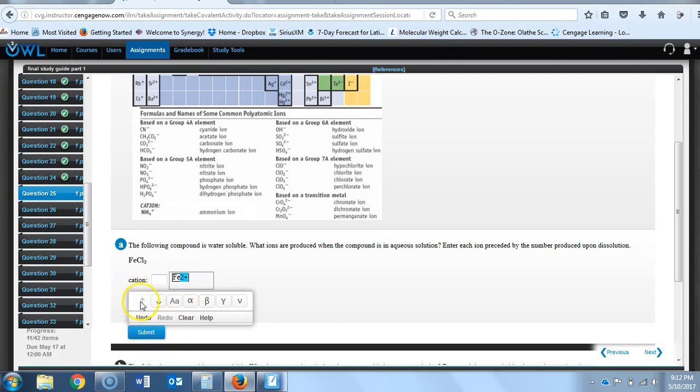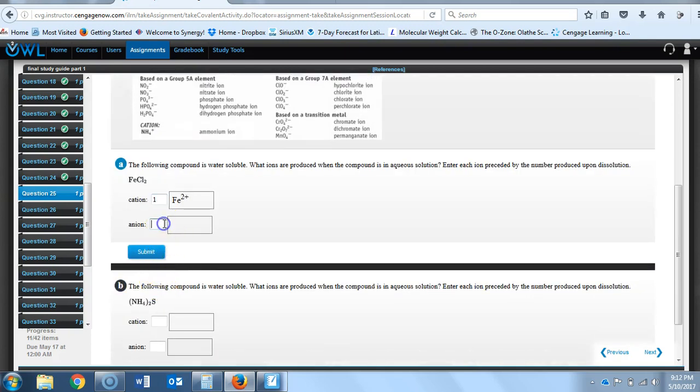I guess those should go up. There'll be one of them, and chlorine will have two of them.